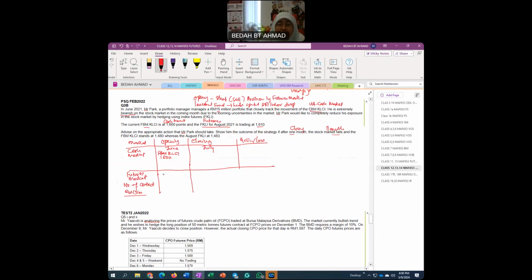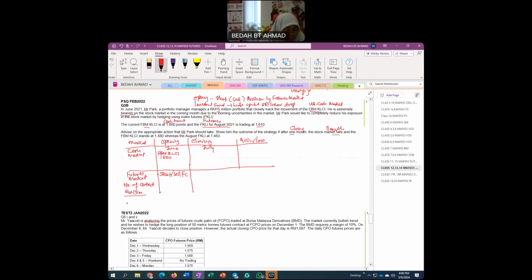So here the strategy, since Mr. Park already has that 15 million, he does not want the price to fall, so he has to sell now when the price is higher. So short sell futures contract. What is the number of contracts? The 15 million. Okay, strategy: short sell at opening.